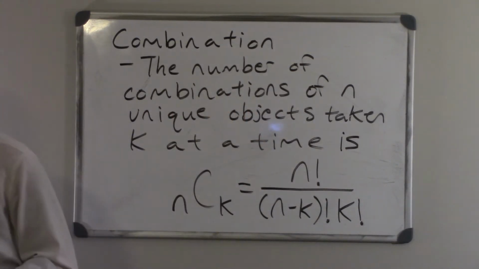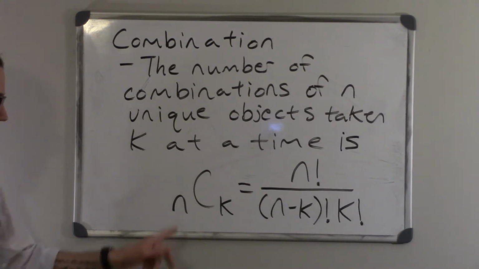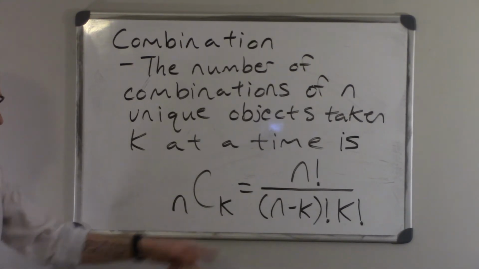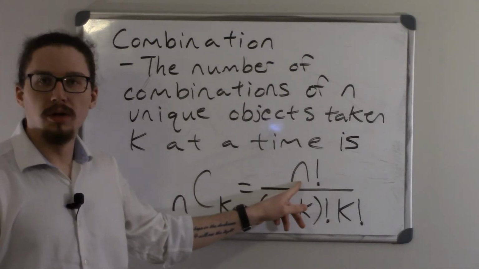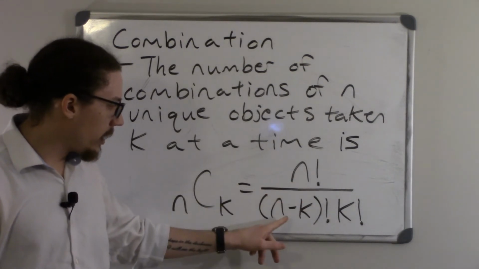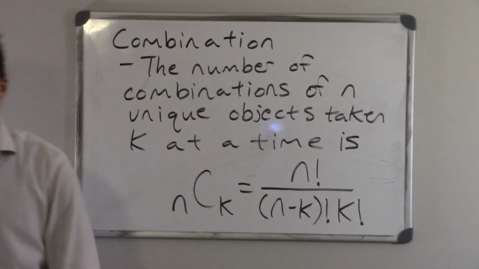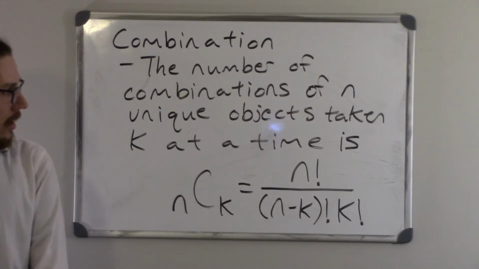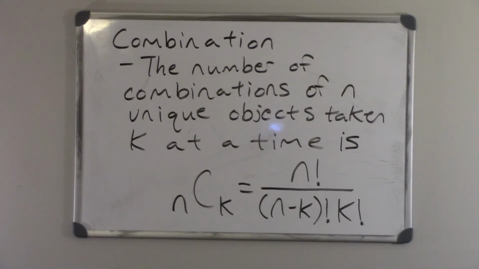Here is the formula for a combination. For n unique objects taken k at a time, we can find that by taking the factorial of n and dividing it by the factorial of n minus k times the factorial of k. That's how we would find a combination.